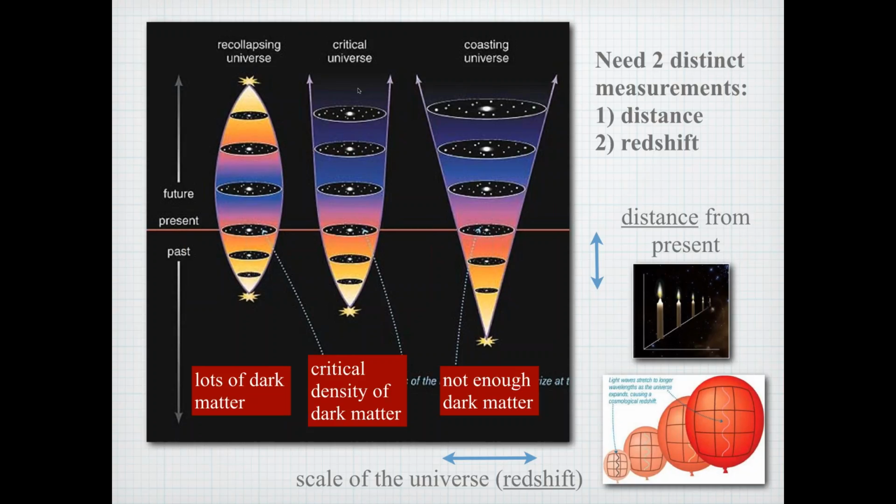Depending on the relation between the distance and the redshift that you end up measuring, you have different possible scenarios for the expansion history of the universe. Just to give you a concrete example, I don't have a pointer, so I can't point at things, but look at the 3 universes and the lowest slice on the bottom, closest to the Big Bang.